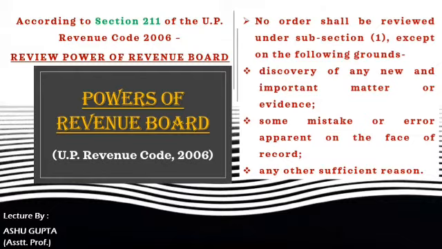Basically अगर रिवेन्यू बोर्ड ने कोई भी डिसीजन दे दिया है तो उसका रिव्यू नहीं किया जा सकता सिवाय इन 3 कंडीशंस के, जहां पर कोई नया इंपॉर्टेंट एविडेंस सामने आ गया हो जो पहले हियरिंग के टाइम पर नहीं आया था. दूसरा, कहीं कोई अपरेंट मिस्टेक दिख रही है रिकॉर्ड पर और वो बाद में पकड़ में आती है. And any other sufficient reason which may be thought fit by the judges. Let's move on to the next slide.